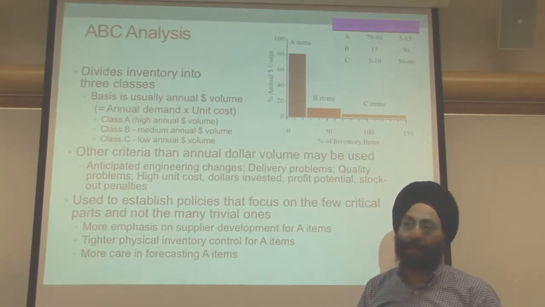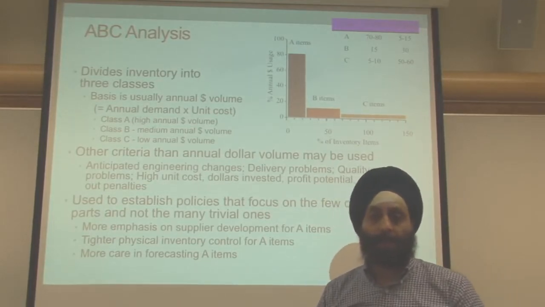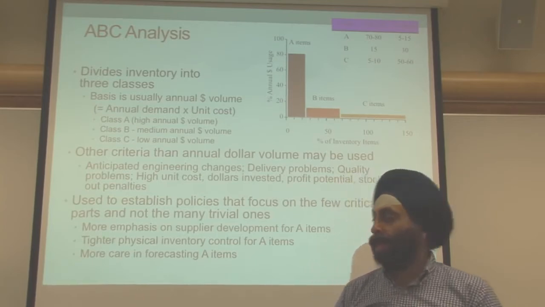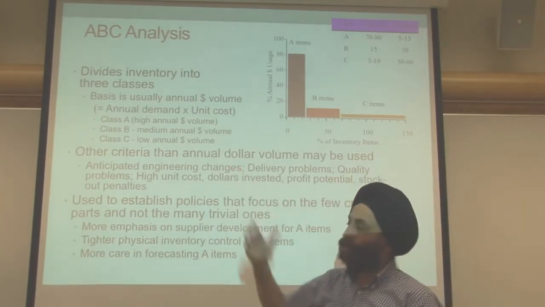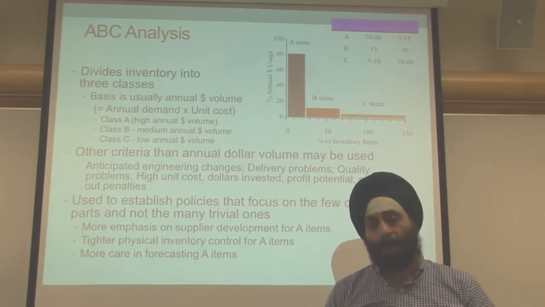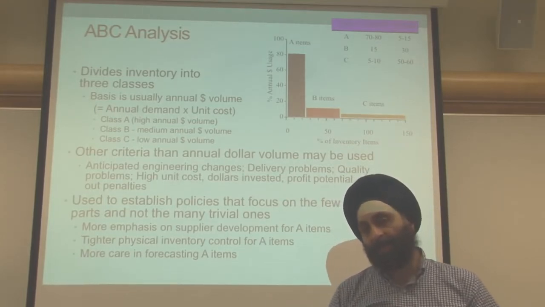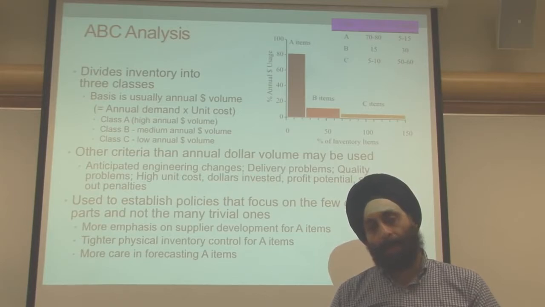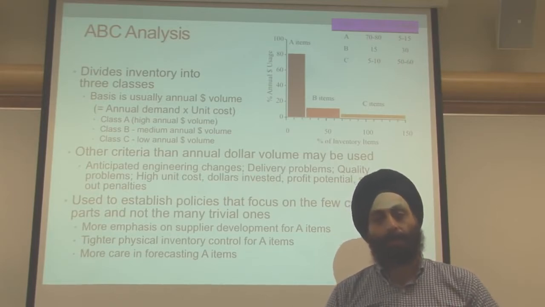In a vehicle, the engine or chassis would be an example of A items. And C items are the low annual dollar volume items, so nuts and bolts, very inexpensive items that contribute to all the parts that go into a vehicle.